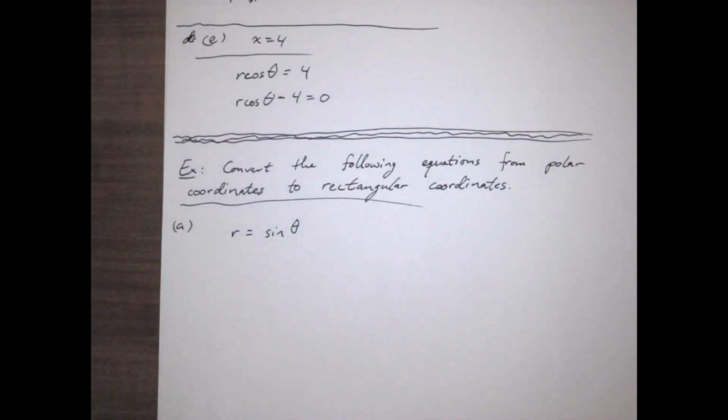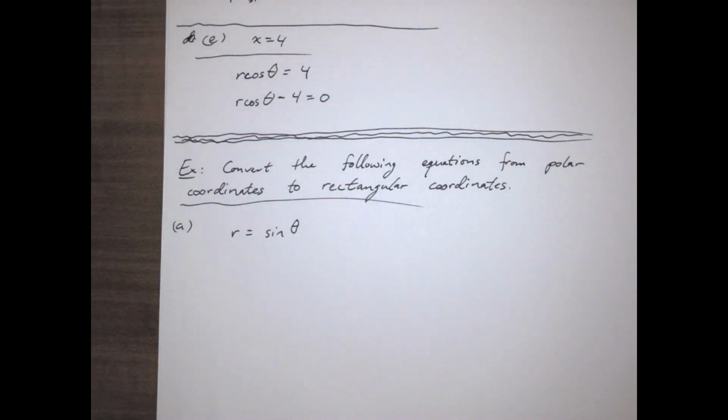All right, well, if this had been an r squared, I have an easy way of translating that. So maybe you think, oh, I could square both sides to make it fit our little list of formulas. However, that would leave us with a sine squared theta. And we don't have any formulas that involve a sine squared theta.